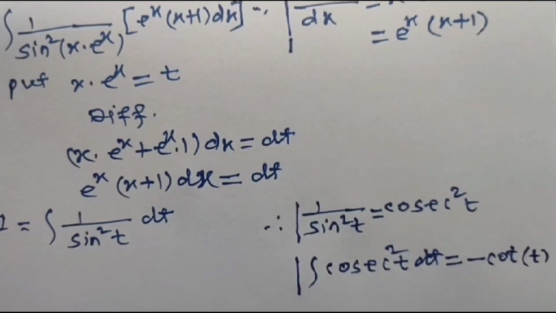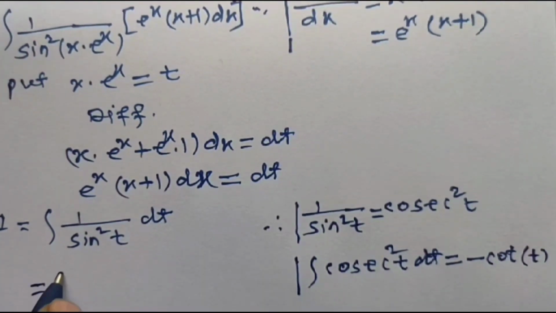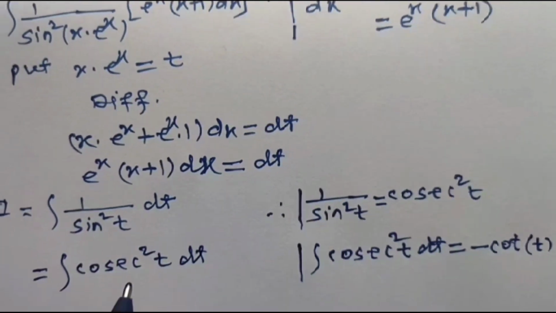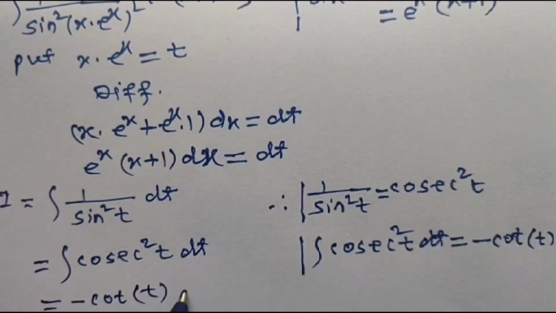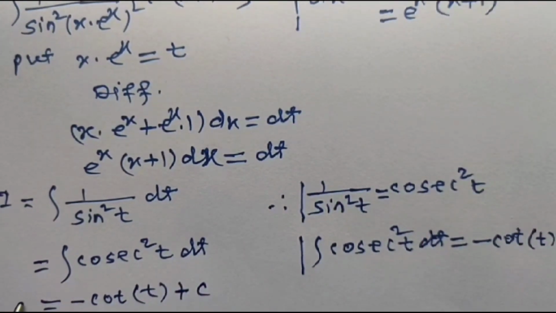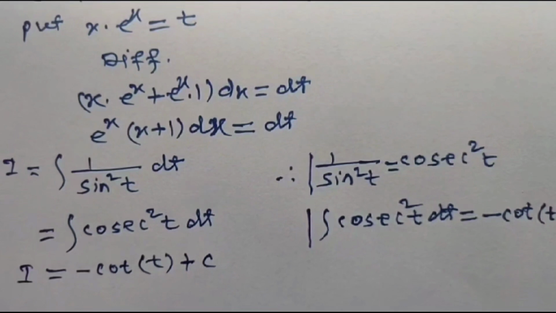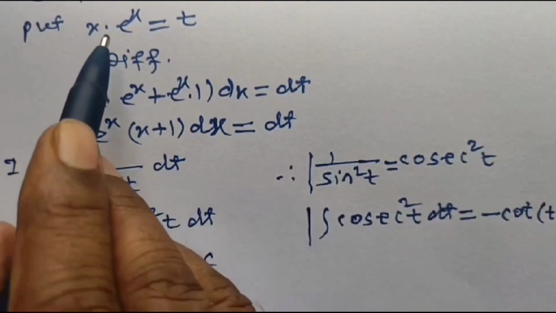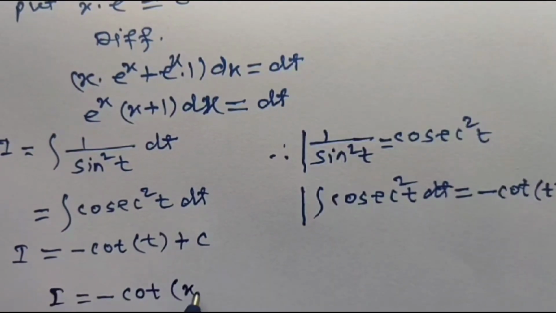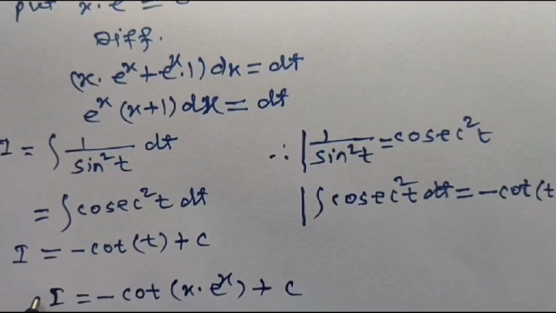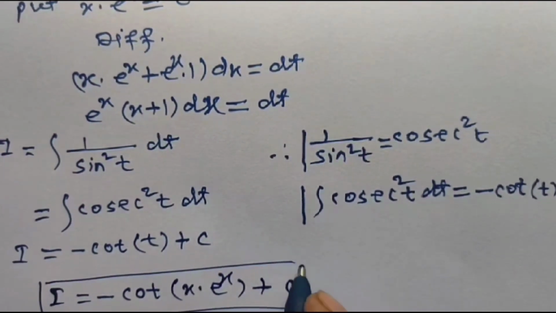So this can be written as I is equal to integral of cosec square t with respect to t, which is equal to minus cot t plus integral constant c. This is I in the new variable. Now replace t by x into e to the power x. Hence I is equal to minus cot of bracket x into e to the power x bracket close plus integral constant c. This is the solution of this sum.